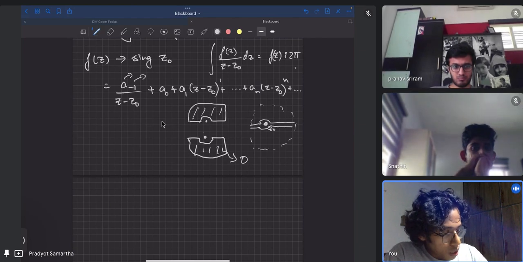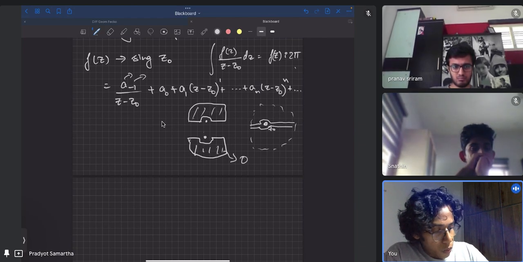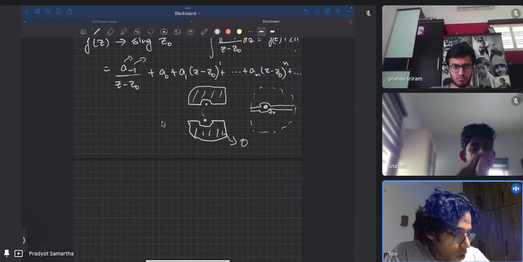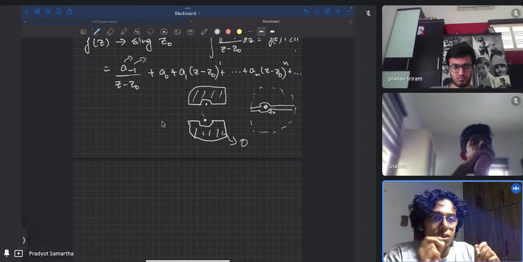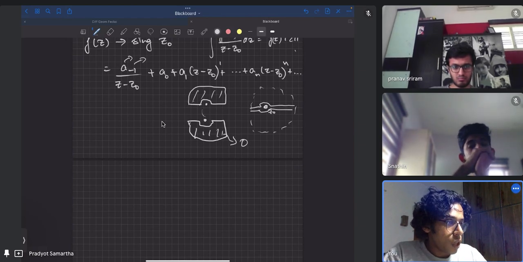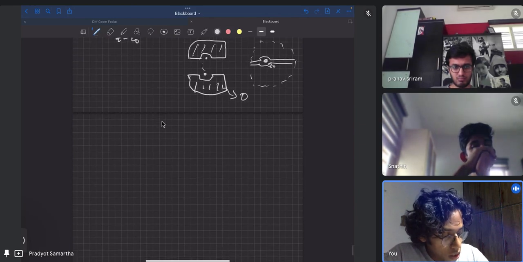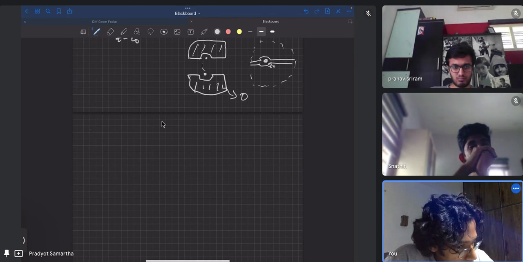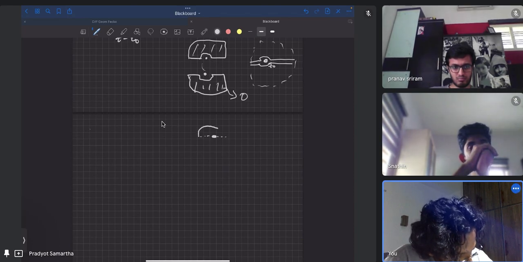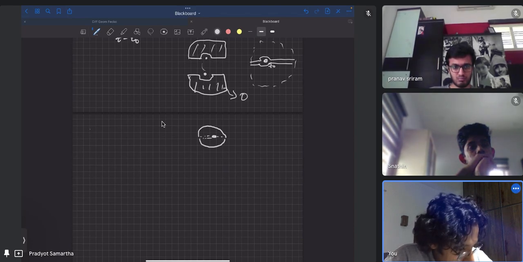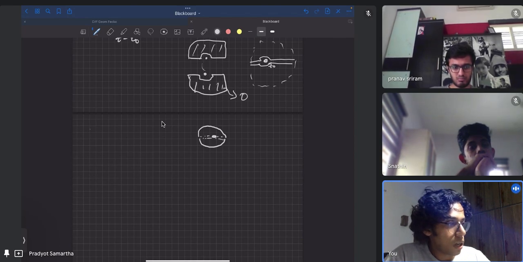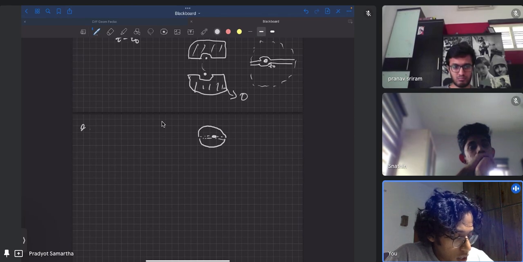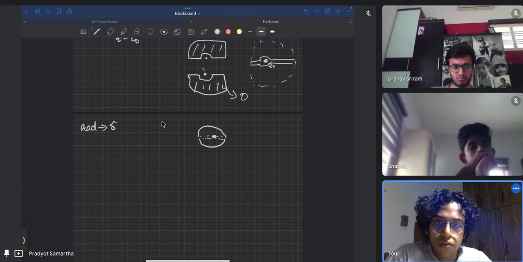Taking this one singularity, we can represent the cutting around the singularity in terms of two semicircles with radius delta tending to 0.